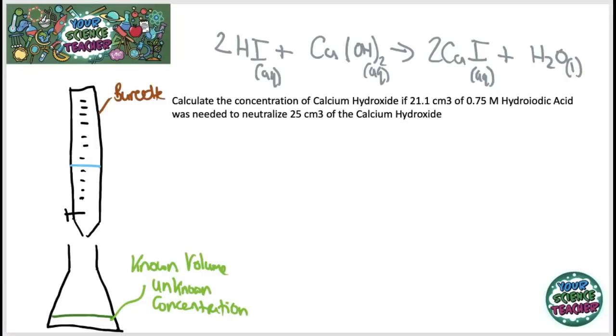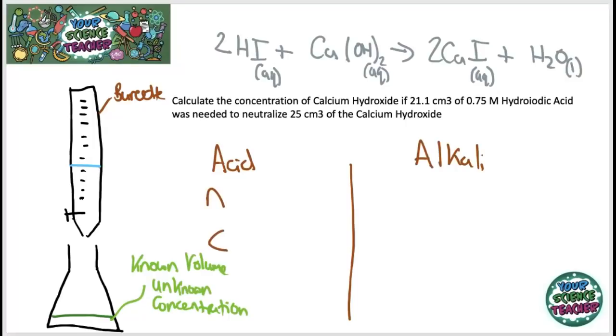The way I do these calculations is I draw a line down the middle. I write myself acid, and I also write alkali, and I write NCV for both of them. The N stands for the number of moles, C for concentration, and V for volume. And then I will just write down what I know for all of them.